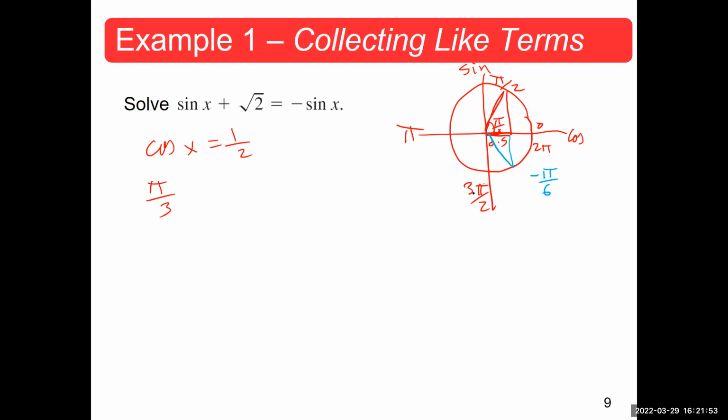Now, if we add a complete revolution, then x equals pi over, why am I saying 6? This is 3, sorry. Pi over 3. X equals pi over 3 plus 2n pi. Same thing like the book. Also, x equals negative pi over 3.